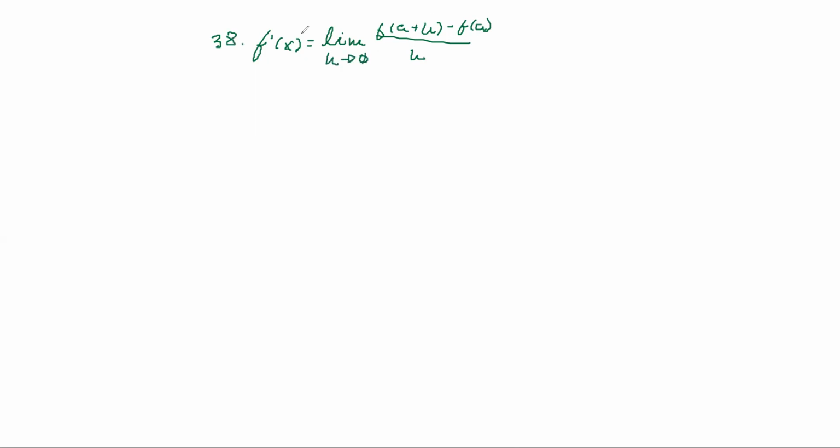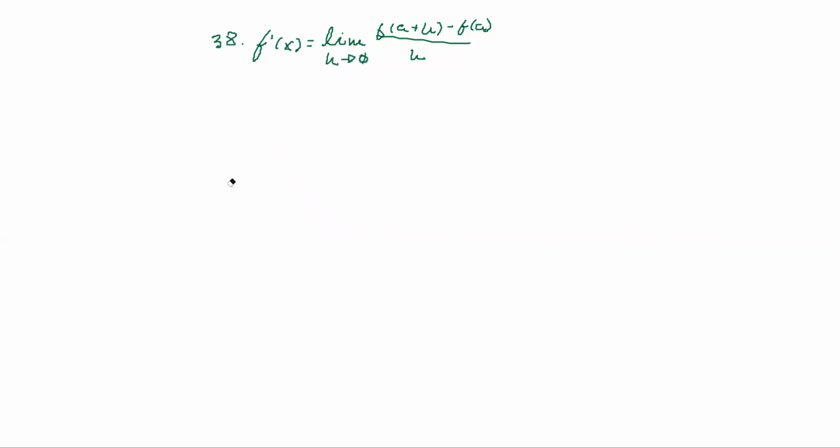So conceptually, if I had that graph from earlier and I had this slope, it was not very accurate. But then I said, okay, what if my h was smaller? And so then my slope looked like this and it was more accurate. And then I said, what if my h was even smaller? And it just kept getting more and more accurate the smaller h got.